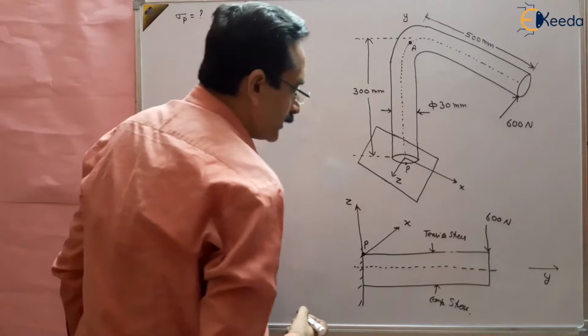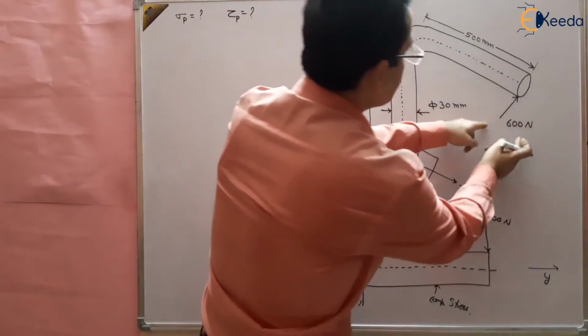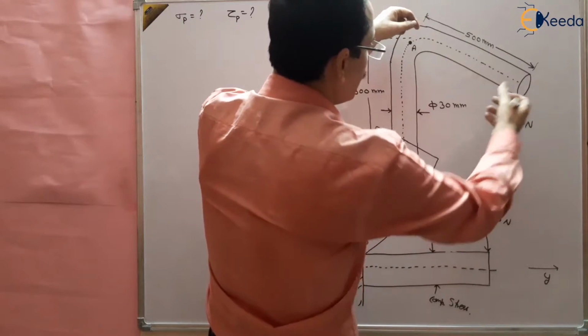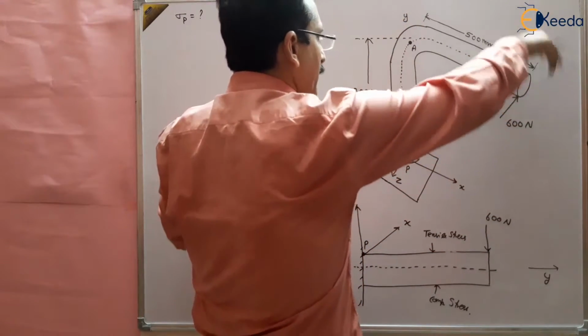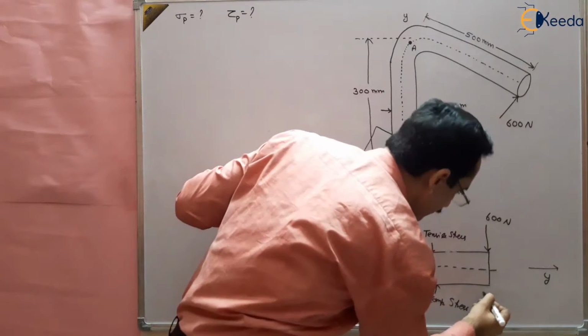There is also a twisting moment. The twisting moment is 600 multiplied by 500, applied as an anti-clockwise torque.